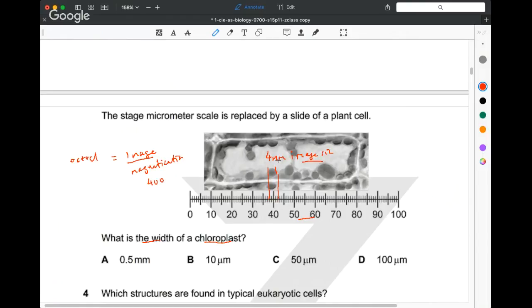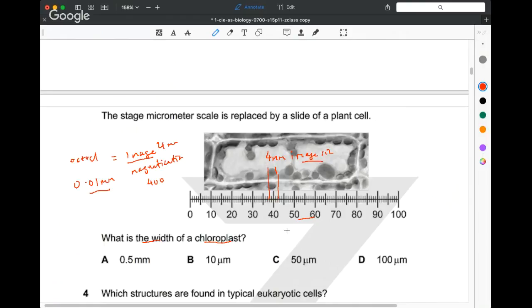And the image size here is 4, isn't it? So that means we've got to divide the 4 millimeters that we measured on the graticule by 400. And that gives us a result of 0.01 millimeters. You've just divided 4 by 400, and that's 100th of a millimeter, 0.01 millimeters.